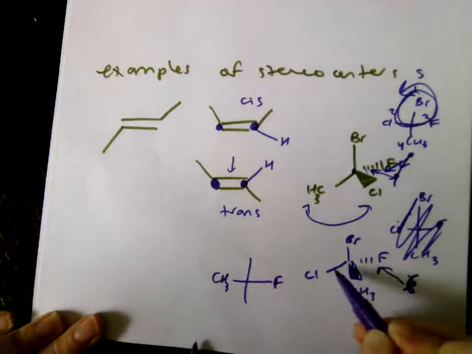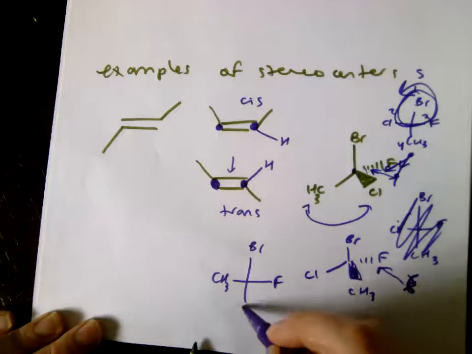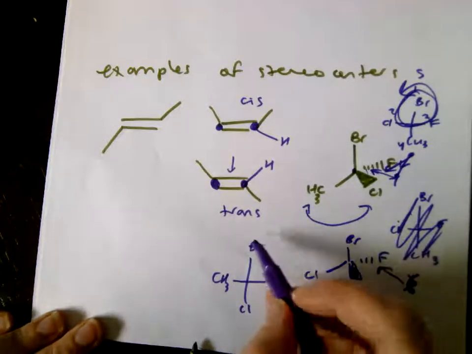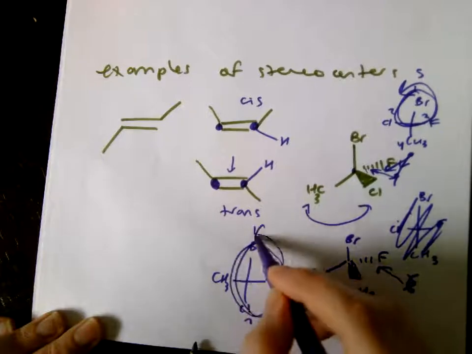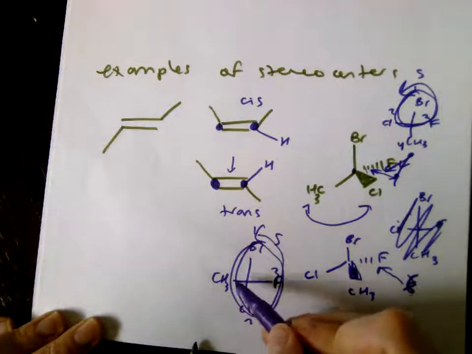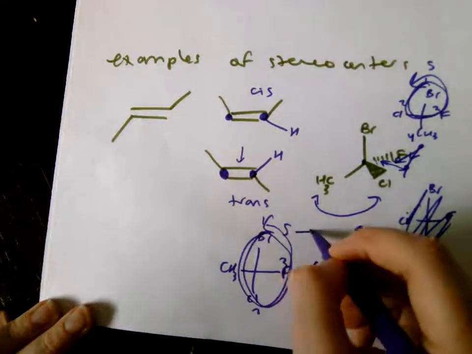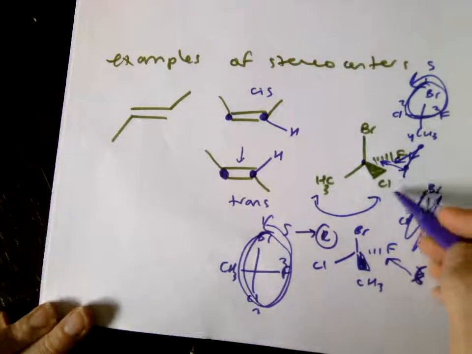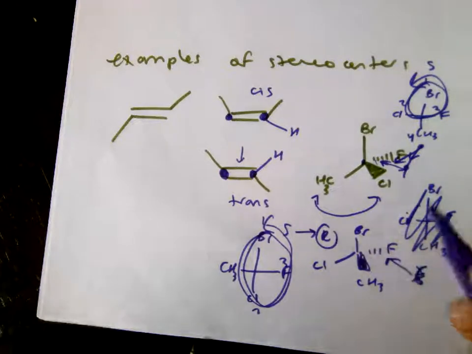CH3 on this side, if I'm looking at it from this direction, and then bromine is pointed away from me, and chlorine is pointed away from me. So in this case, it would be 1, 2, 3, and that's S, but the lowest priority group is pointing towards me instead of away from me, so actually this is R. So swapping that out changes from the S stereoisomer to the R stereoisomer.